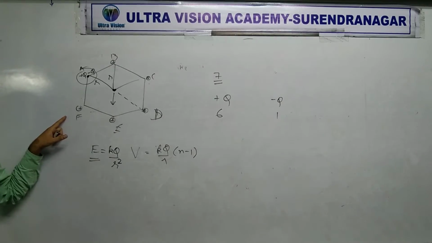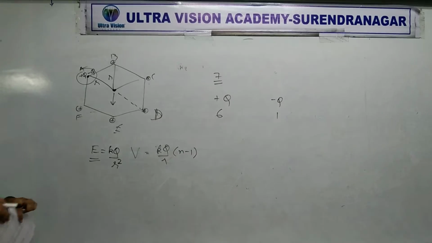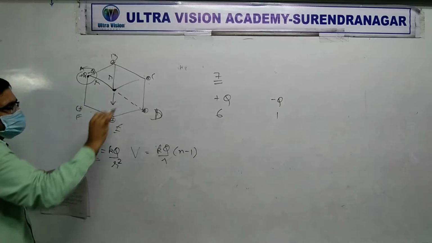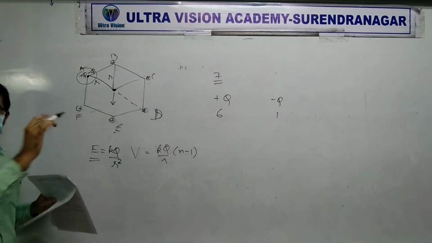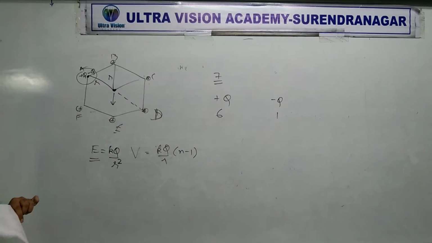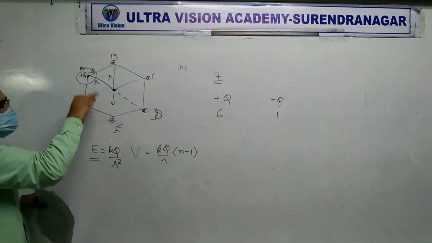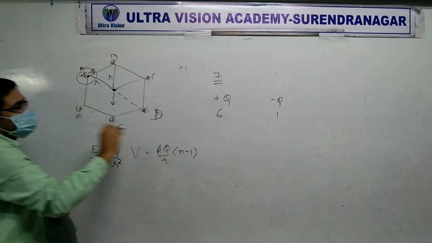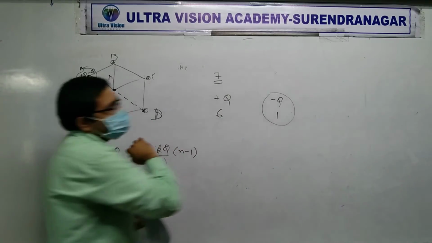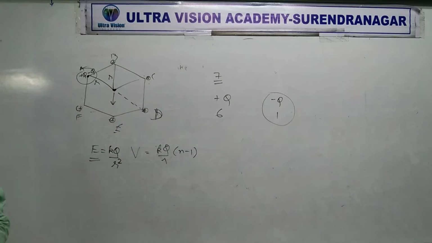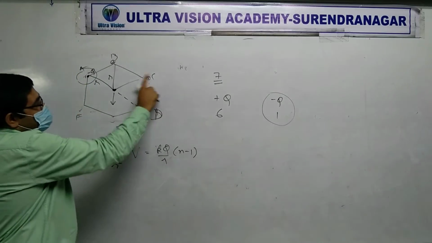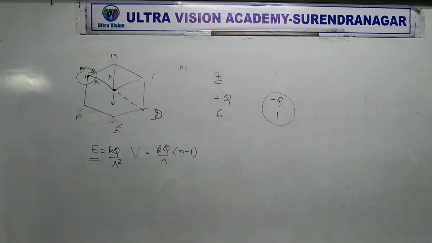Now, what's going to happen? Due to the plus q's, everywhere symmetrically placed, the electric field will be 0. All the plus q's are symmetrically placed around the center, so they will mutually cancel each other's electric field. But this minus q will remain. So if there is only one minus q and there is nothing else, then the electric field is kq by r square.